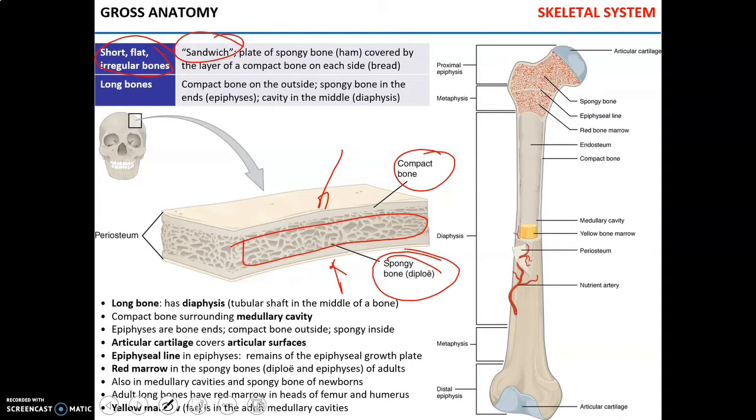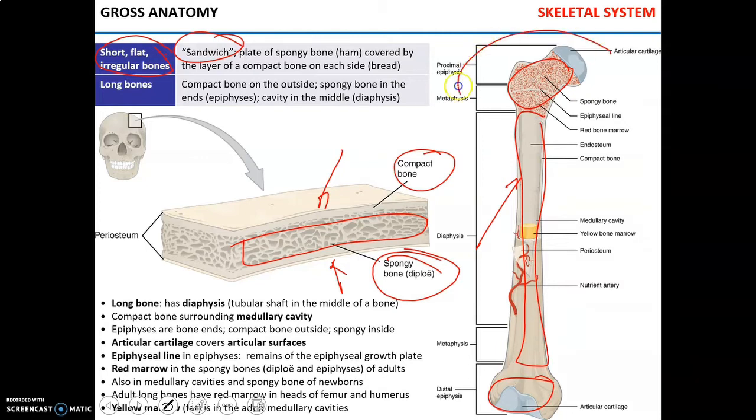Now, a long bone is much more complex. So, first of all, on the outside, also compact bone, but spongy bone in the long bone is only at the ends, the so-called epiphysis. The diaphysis of a long bone, the central part, is empty. There's a medullary cavity there.